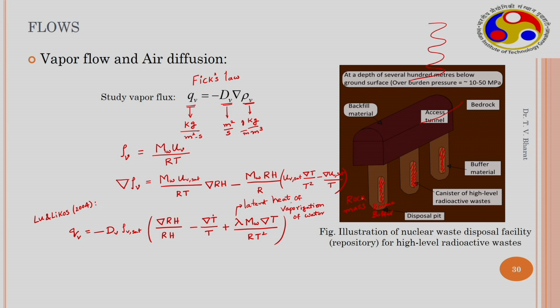This is completely saturated. So, the water movement takes place into the bentonite buffer material, and this bentonite is initially in an air dried state, so this is an unsaturated condition. Heat conduction takes place in the opposite direction, and water movement takes place in this direction.